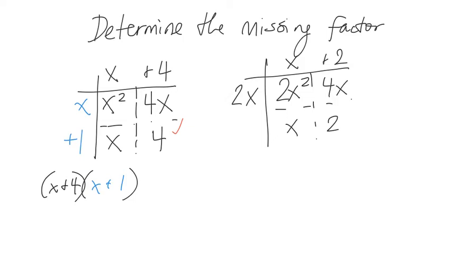So like before, this one is going to be a plus 1. As a check, I make sure 2 times 1 is 2. Yep, that works. So my factors in this case are x plus 2 multiplied by 2x plus 1. So if you're ever given one of the factors, you can use this strategy to help you get started.